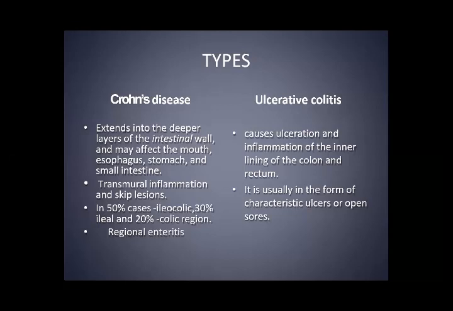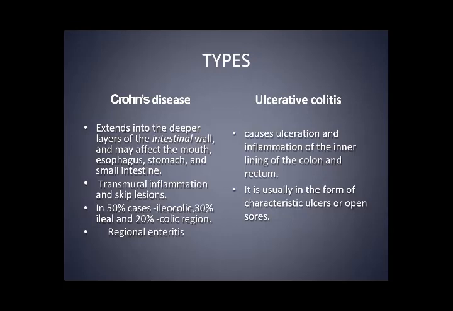So again, number one, Crohn disease is a transmural disease. It is involving the whole thickness of the intestinal wall. Ulcerative colitis is a superficial ulceration up to the muscularis mucosa, while Crohn disease extends from mouth to anus.